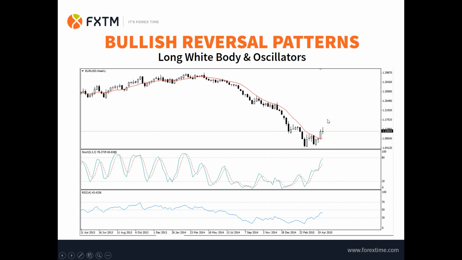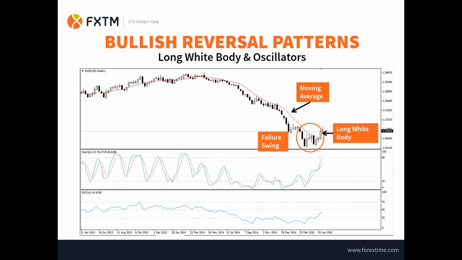Okay, so now we use three indicators: moving average, stochastics, and RSI. It's not a bad idea, but please don't use many lagging indicators together. So it's a moving average, it's a long white body that broke above the moving average, and then you have a failure swing.